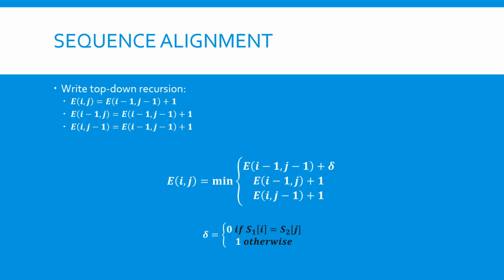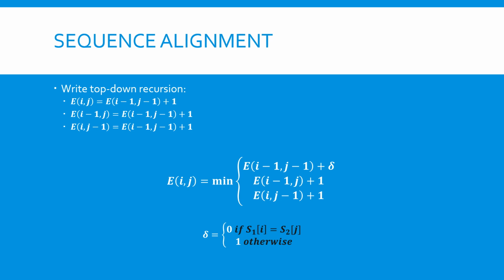We can now combine the 3 established equations to formulate the top-down recursion. We need to adjust the indexes used in these equations to make the left-hand side term become E(i,j). Additionally, we also need to consider the case where S1[i] is the same as S2[j].